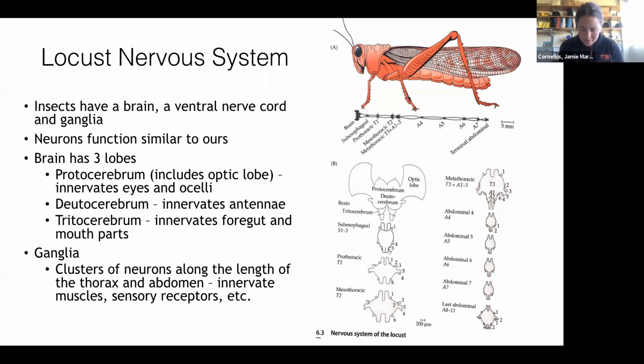There are pictures in panel B of the cross section of each of those ganglia, and the numbers are essentially nerves that are leaving the ganglia to go out into points in the body.